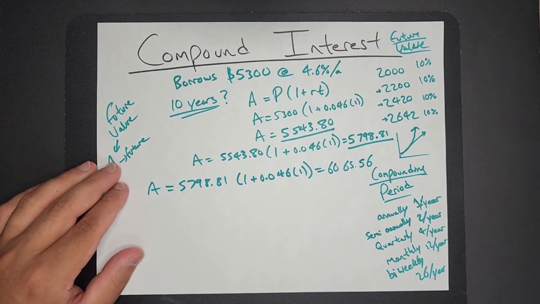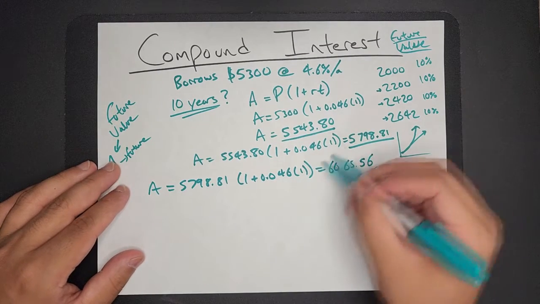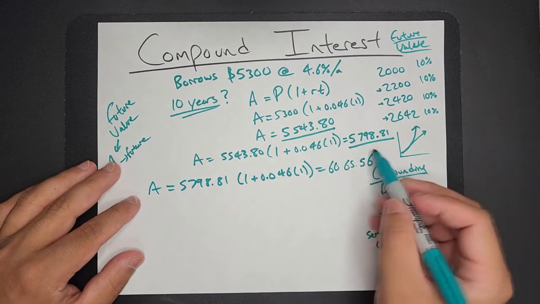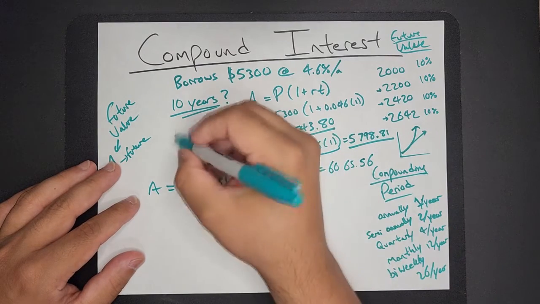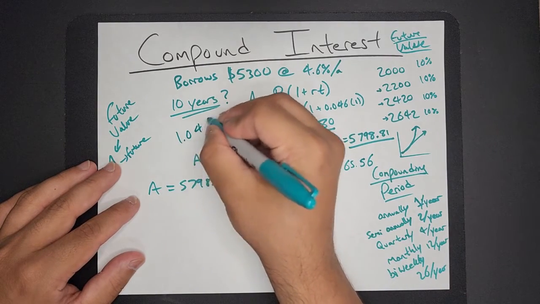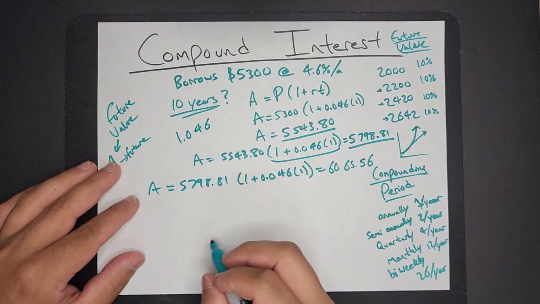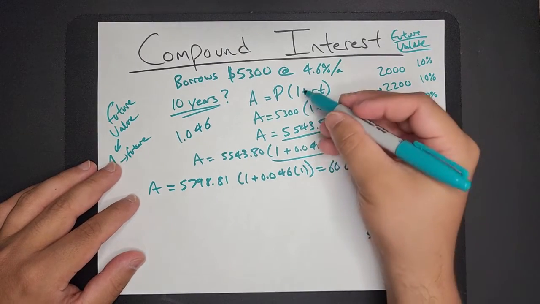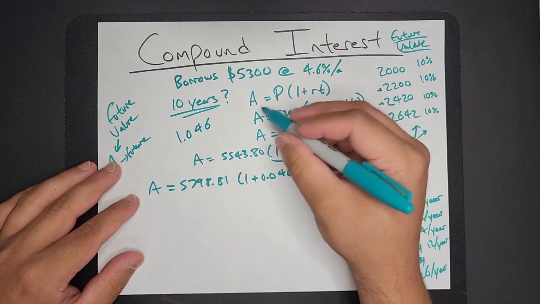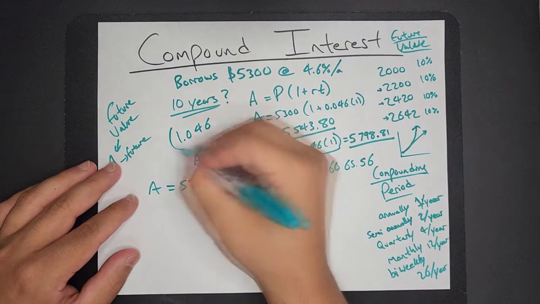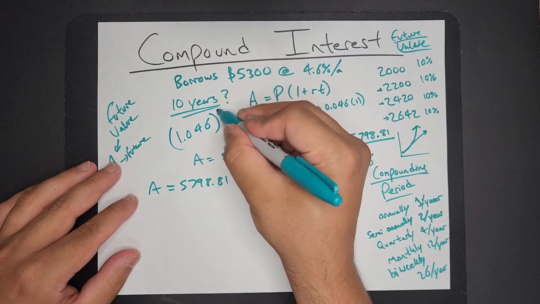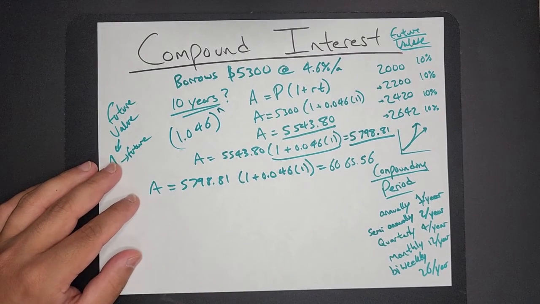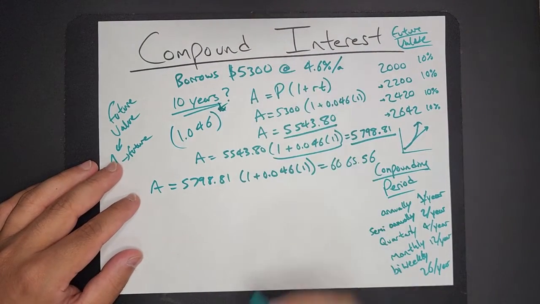So clearly, the one thing that we're doing again and again to this number is multiplying it a certain amount of times, right? Which is actually t.